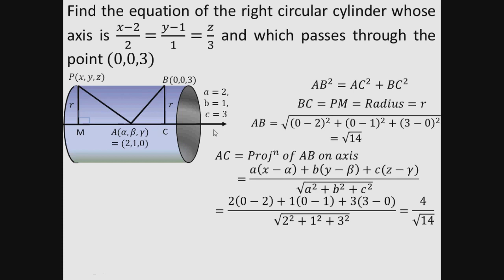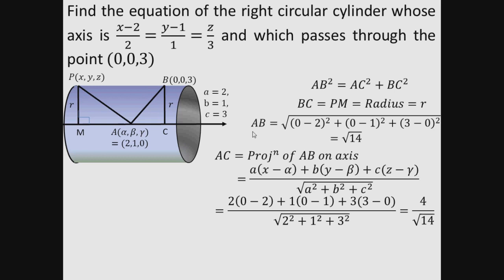And AC is nothing but the projection of AB on the axis, and the formula is a(x minus alpha) plus b(y minus beta) plus c(z minus gamma) divided by the square root of a square plus b square plus c square. Putting the values of a, b, c and alpha, beta, gamma, we get 2 into (0 minus 2) plus 1 into (0 minus 1) plus 3 into (3 minus 0) divided by the square root of 2 square plus 1 square plus 3 square. That comes out to be 4 by root 14.